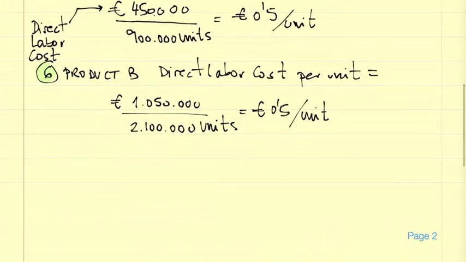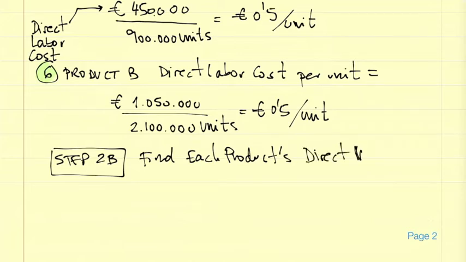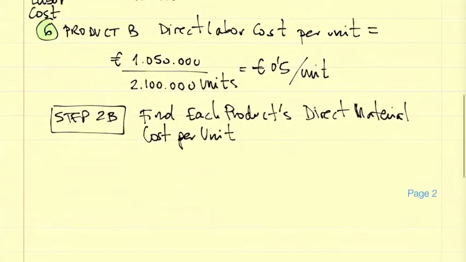So the step 2b, once we have that, is find each product's direct material cost per unit.